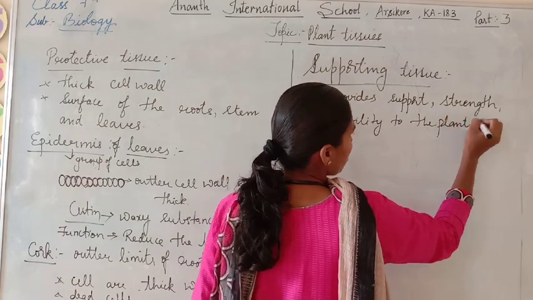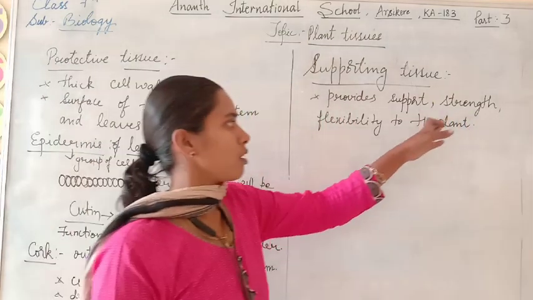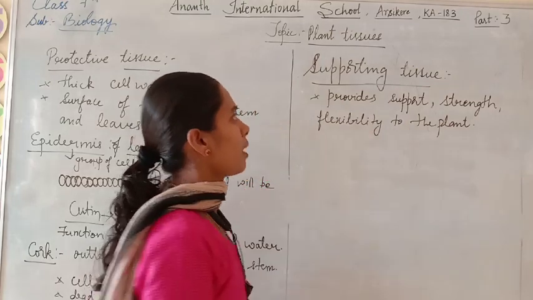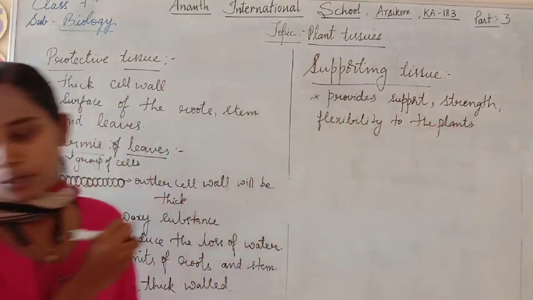Mainly the support will be given in the form of strength and flexibility to the plants by this supporting tissue.